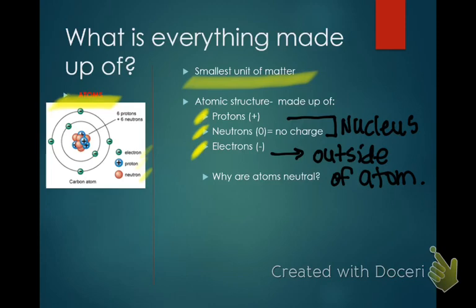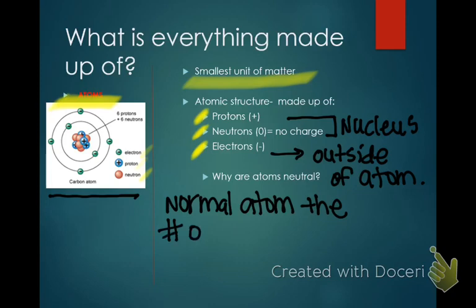So why are atoms neutral, okay? If you're just looking at this carbon atom, there's no charge on the overall thing, okay? That's because in a normal atom, the number of protons is equal to the number of electrons, okay?